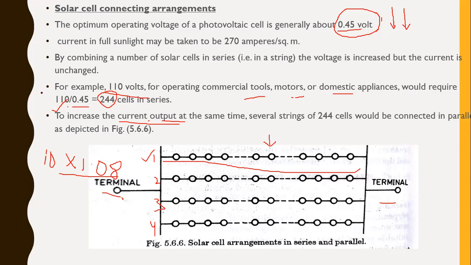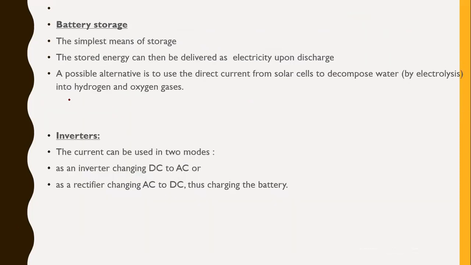Next, how will the battery storage and the inverters work, which we discussed previously in the photovoltaic system, the photo generation system for power development. Now we will have a brief explanation about battery storage and inverters.